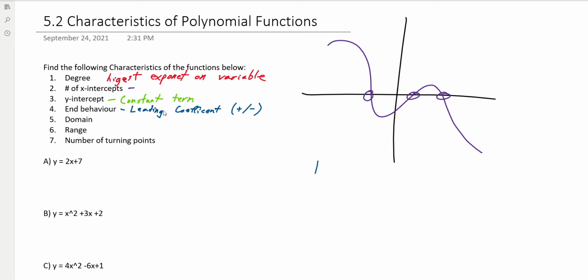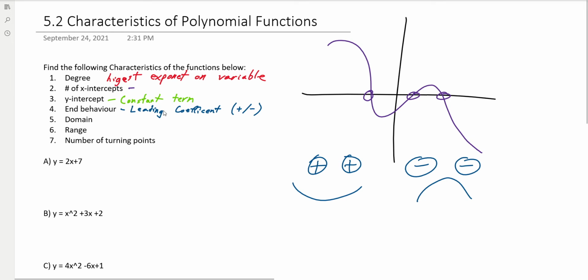Just a reminder: plus gives us a smiley face, minus gives us a frowny face. Domain is always going to be the same. It's going to be x is a real number every time because x always continues off going to the left and to the right.